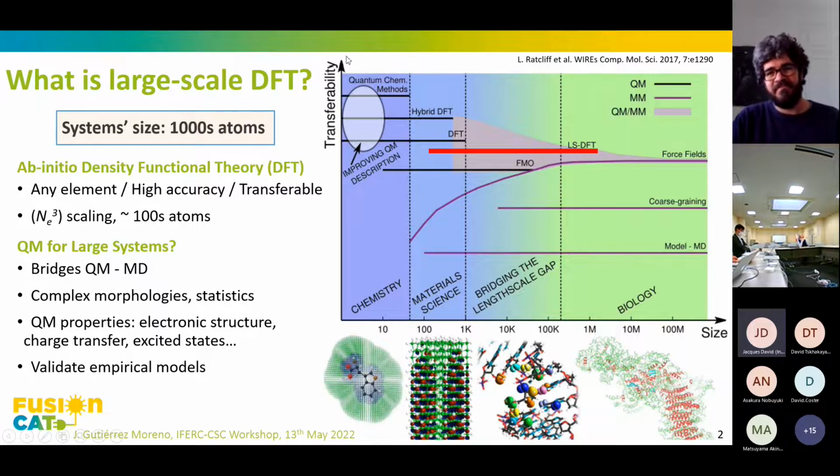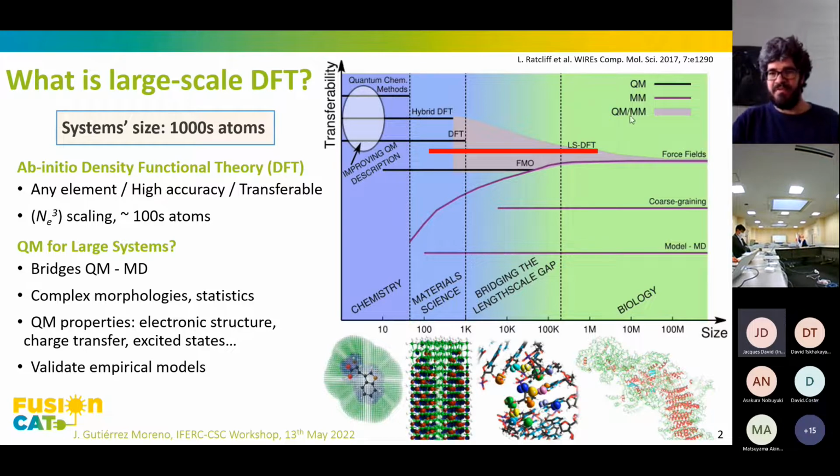So in order to make larger simulations, as you see here in the graph, on this side we have quantum mechanical methods that are very transferable, very accurate, but we can simulate only structures of small size. If we want to go to larger sizes, we typically go to semi-empirical methods or to classical methods. The main issue there is, again, transferability. Although we can simulate systems that are larger and more complex, the simulations cannot be that accurate.